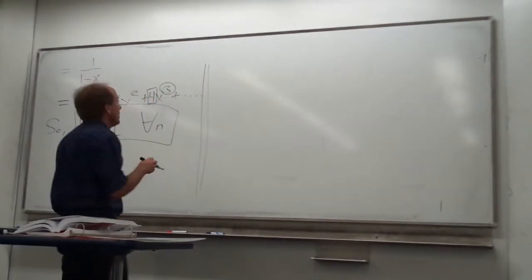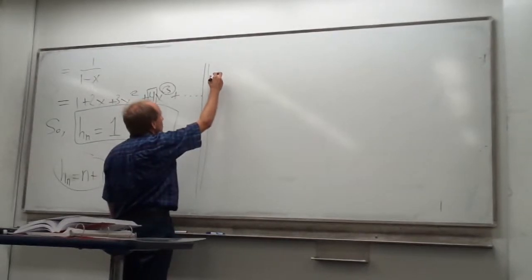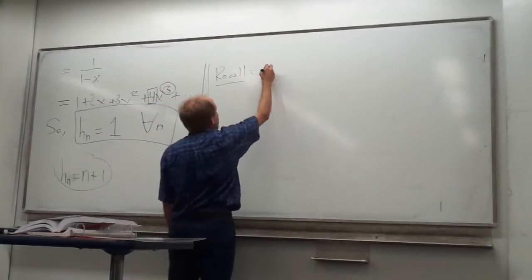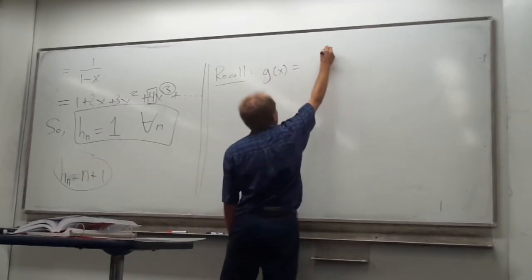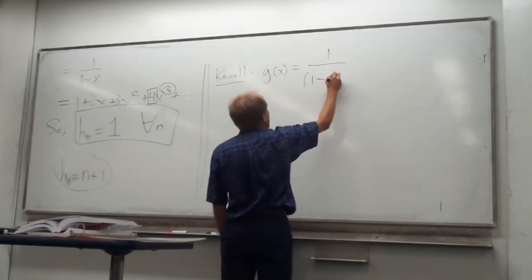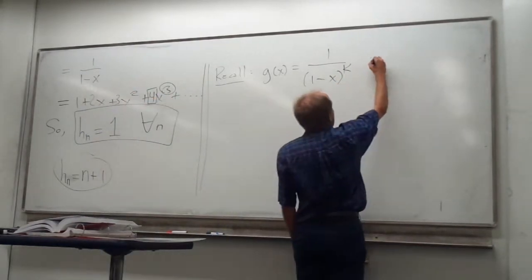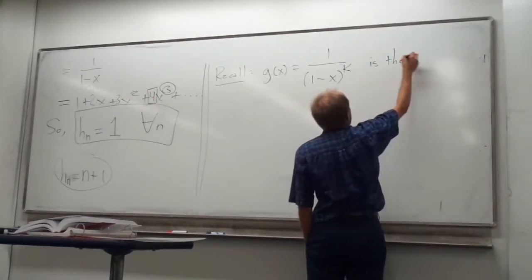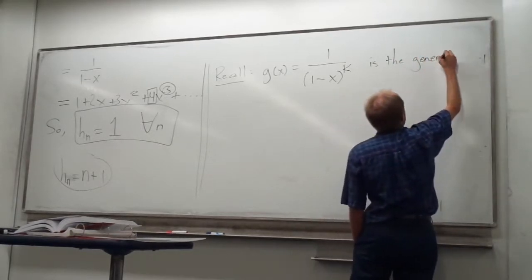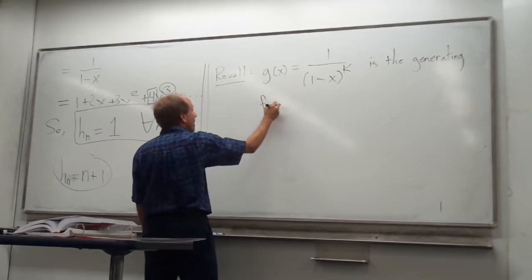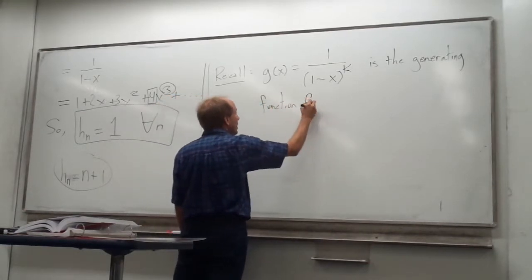But basically, I'll just recall for you really quick that if you take this generating function, 1 over 1 minus x to the k, this is what I did in class.